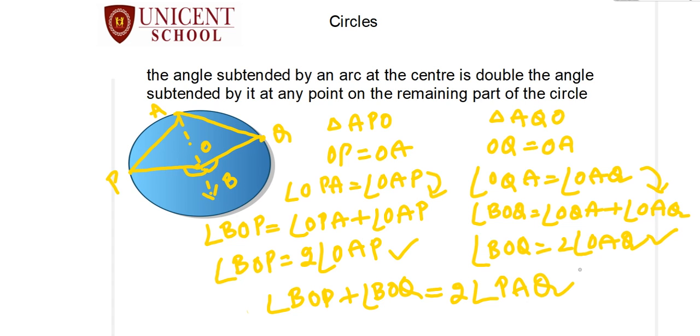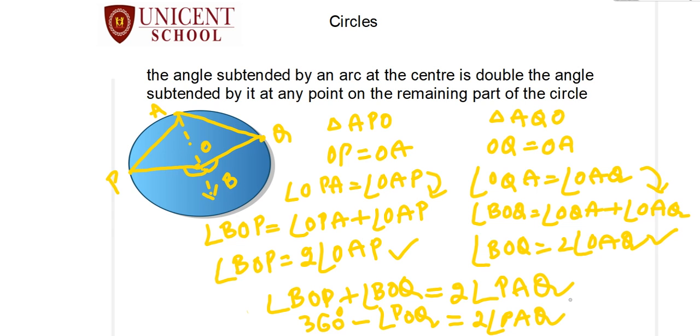The angle BOP plus BOQ is the exterior angle here, so this is nothing but 360 degrees minus angle POQ, which is equal to 2 times angle PAQ.